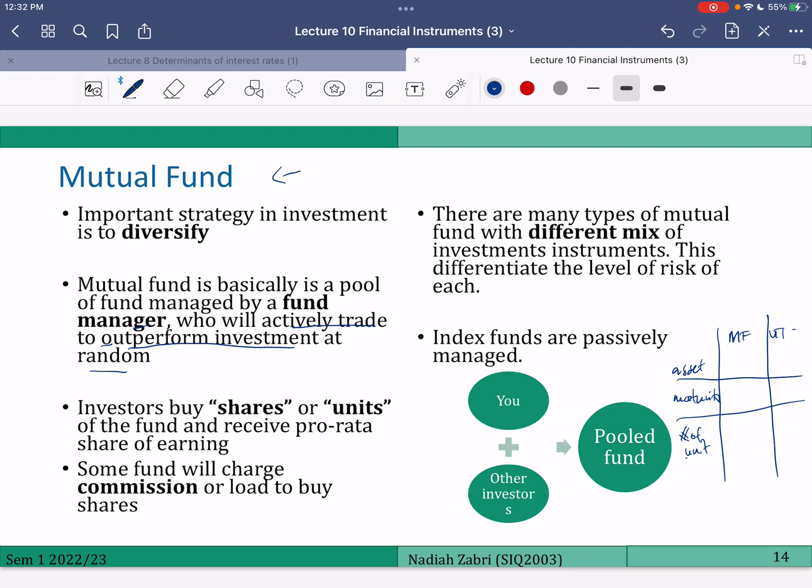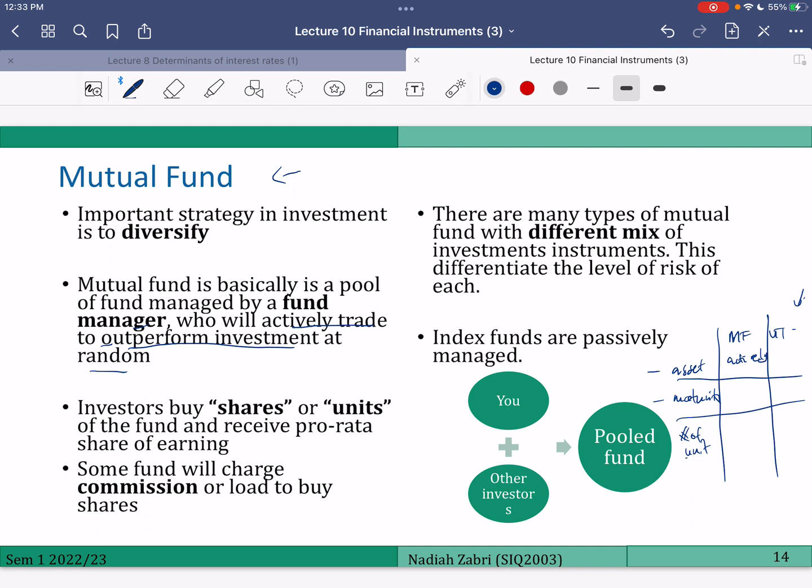Mutual fund is also a pool of assets, but the concept is actually different between unit trust and mutual fund. Unit trust is a trust fund. Some common differences between the two are as follows. For mutual fund, the asset is actively traded, meaning the assets keep on changing.